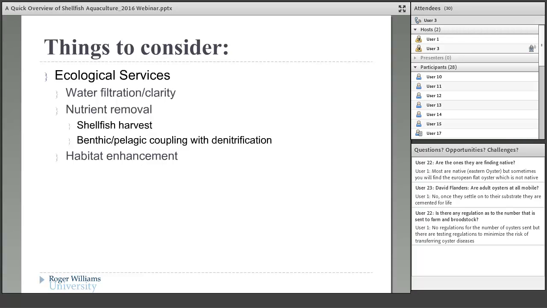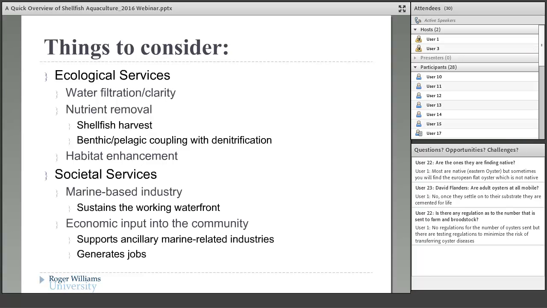As they do that, they're removing nutrients out of the system, which is a real big problem with our estuarine environments. And they provide a lot of habitat for other marine organisms, many of them important to us. Our aquaculture industry also provides a number of societal services, including sustaining a working waterfront as our fishing industry becomes more and more challenged. And it provides economic input into the community by supporting marine-related industries as well as just generating jobs itself.